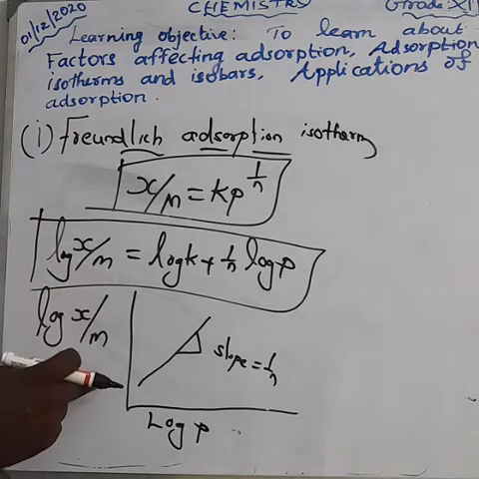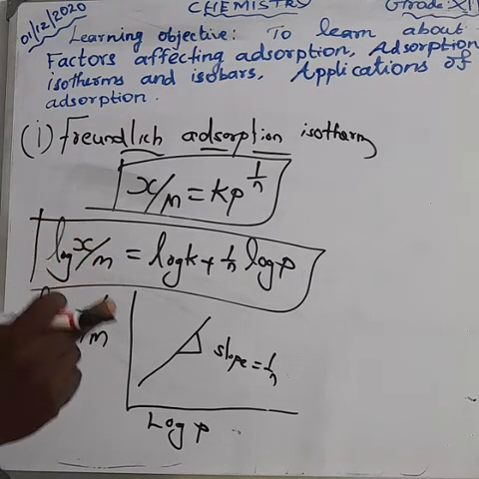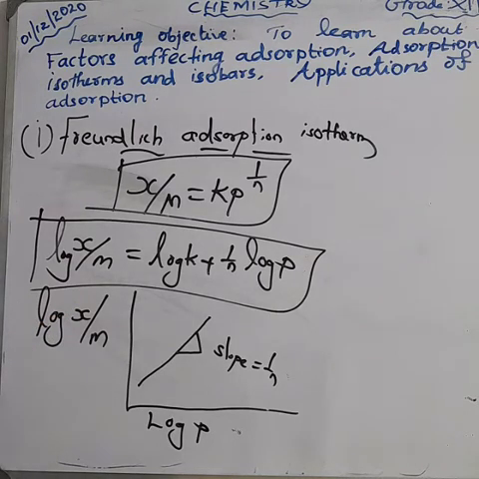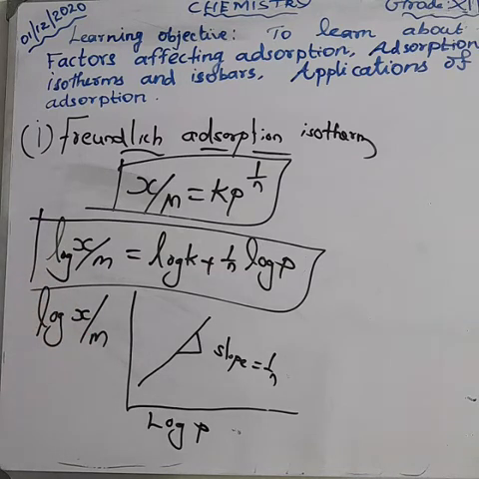This equation explains the increase of x by m with increase in pressure. But the experimental values show deviation at low pressure. Sometimes you may be asked about the limitation of the Freundlich adsorption isotherm.